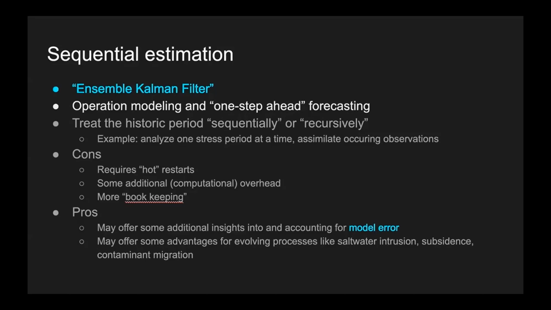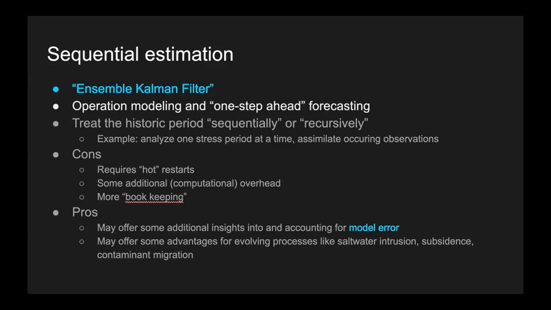But to do this, we not only need to track observations, we also need to track all simulated states, because the simulated states from the previous stress period become the initial conditions for the current stress period. And this means we need to be able to hot restart the model, and this brings with it some additional computational overhead and more bookkeeping. But because we're repeatedly applying the parameter estimation problem throughout the historic period, and implicitly we're getting forecasts of what the next stress period may look like, and then we see the observations of what actually occurred, we can close the predictive loop several times and start to build up a statistical picture of how the model is deficient.